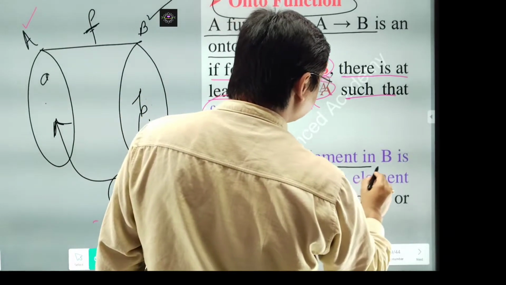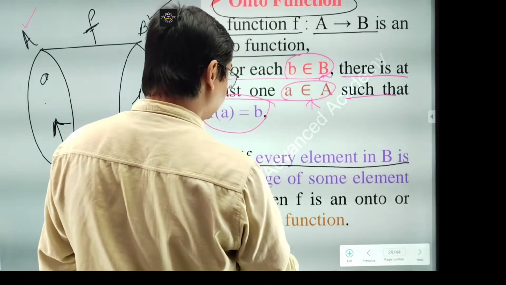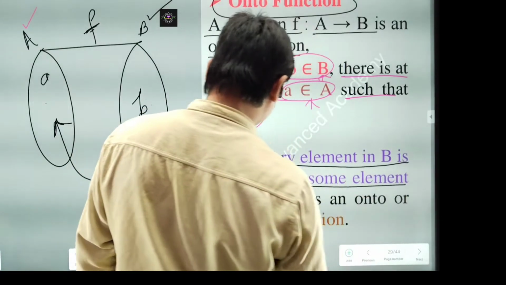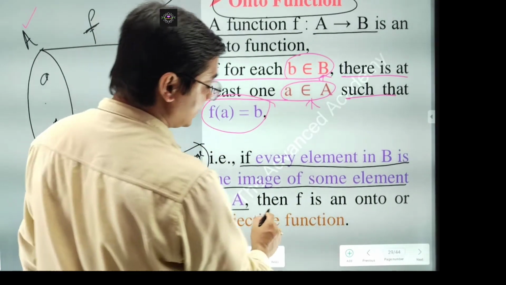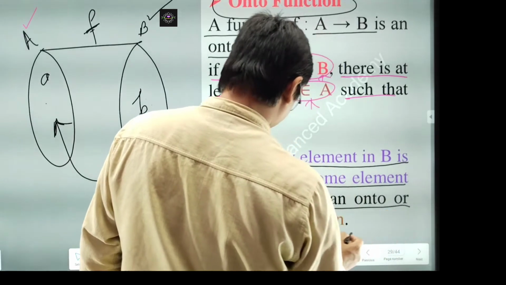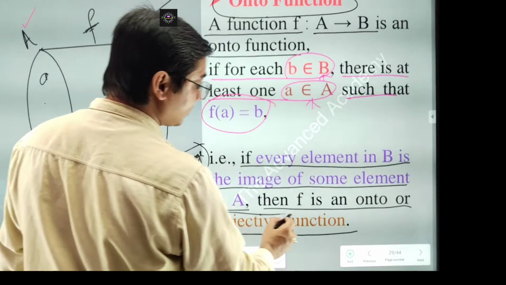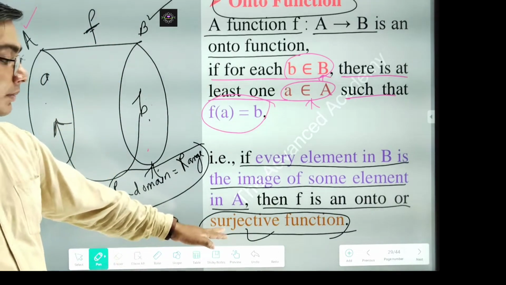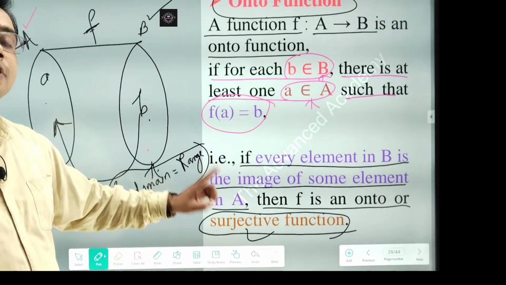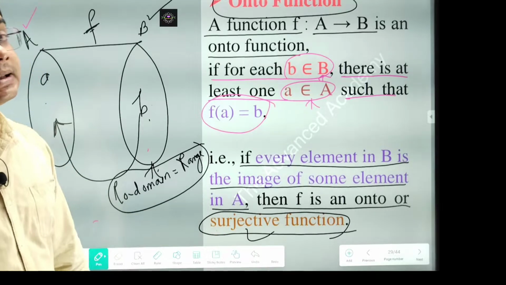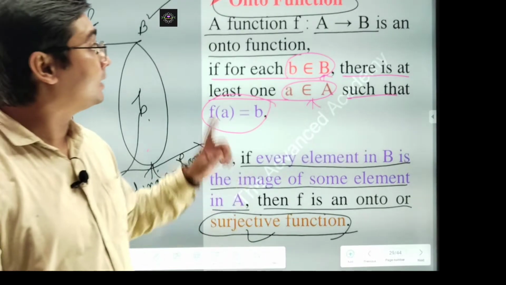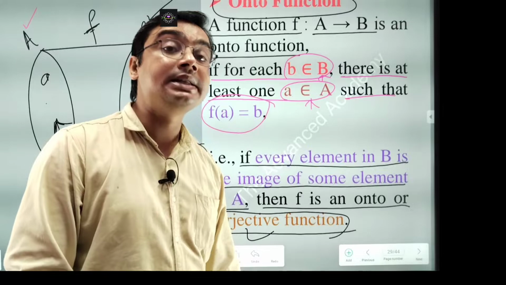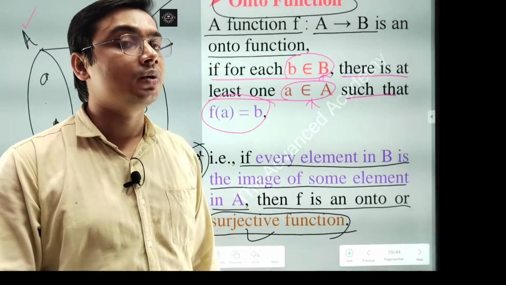So you see another point is there. If every element in B is the image of some element in A, then f is an onto function, or sometimes this onto function is called surjective function. Just you remember this name also. Onto function को हम लोग कभी कभी surjective भी बोल देता है. और guys, one-one फंक्शन को कभी कभी इंजेक्टिव बोल देता है. इसको भी याद रखो.